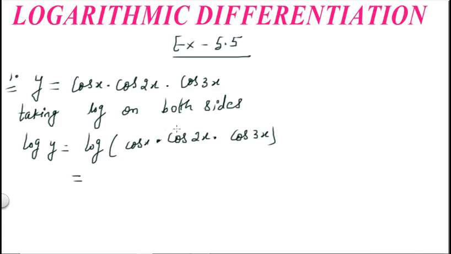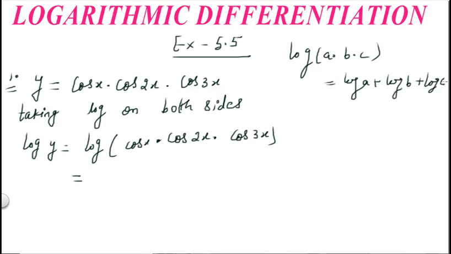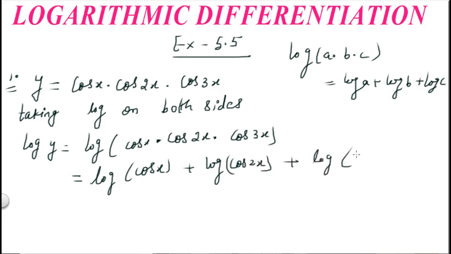You see it is log of P into Q into R, or I say log of A into B into C. You know very well that log of A into B into C equals log of A plus log of B plus log of C. So applying this property here, we will have log of cos x plus log of cos 2x plus log of cos 3x. Here we have log y equal to this thing now.